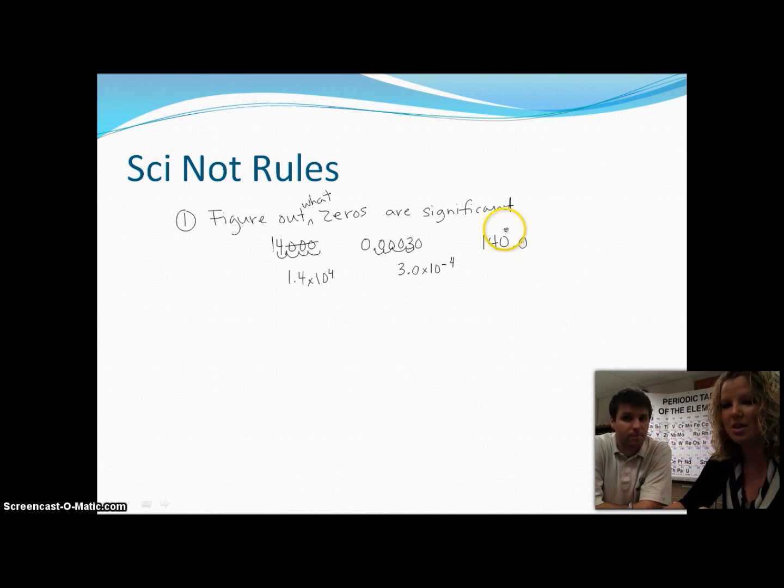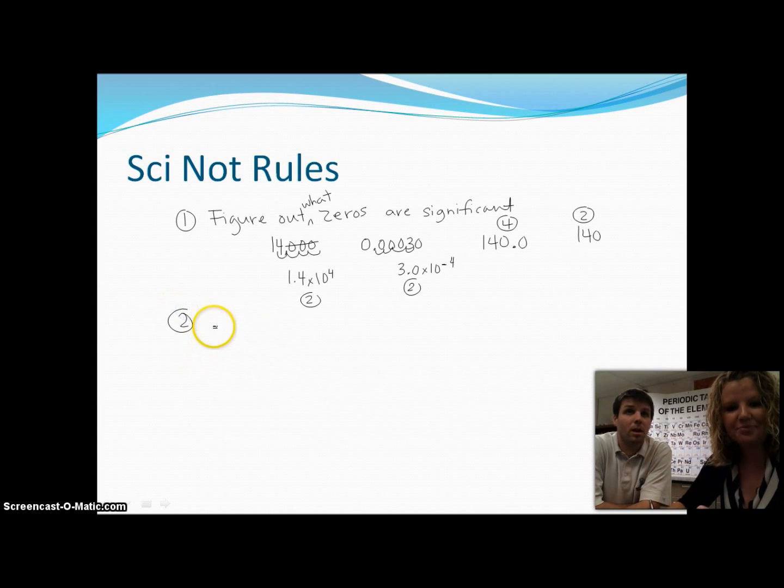And then this one becomes significant because this is significant and the 4 is significant. So this 140 only has 2 sig figs, and this one right here has 4 sig figs, where this one obviously has 2, and this one has 2.